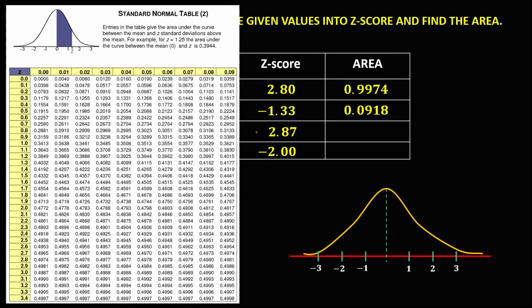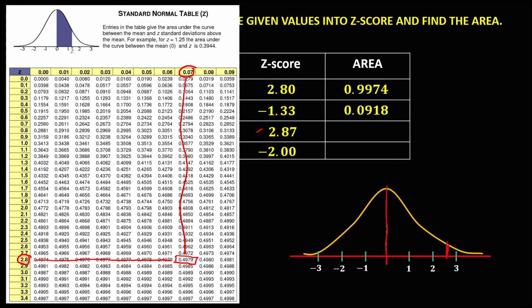Then for this 2.87, let's assume this is 2.87, and to find the area from the mean to this 2.87, we have 2.8, then 0.07, that's 2.87, then you connect to find the area of 2.87.